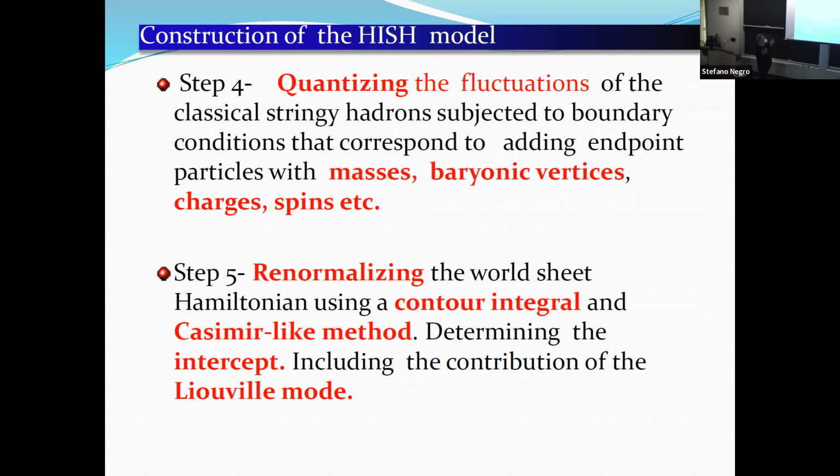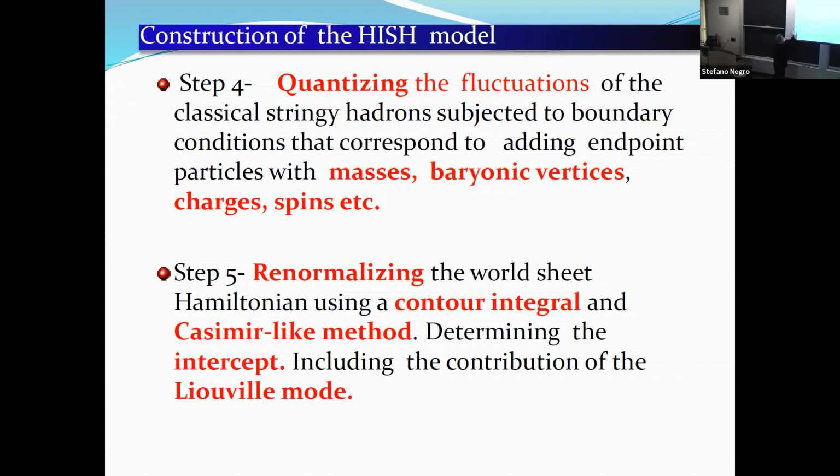It's still not very trivial because it's a quantization with strings with endpoint particles which carry masses, spins, charges, baryonic vertices, and so on. So it's complicated in general to quantize such a system, but for certain limits, like for small masses or large masses, we can do it.